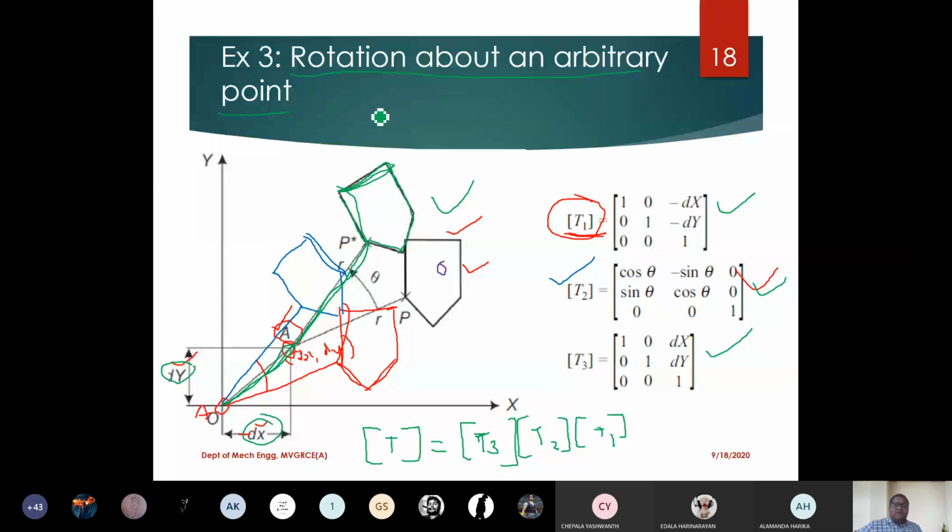Every operation has a certain final transformation matrix by following the concept that we are discussing right now. So corresponding to every operation, there will be a final transformation matrix, which is a multiplication of fundamental transformations only.